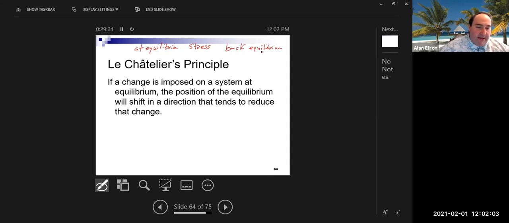Really, there's two ways to get back to equilibrium, but there are three situations that could occur. One situation is it needs to shift to the right and make more products to reach equilibrium. Sometimes it may need to shift to the left after some type of stress is added, which means it needs to make more reactants.